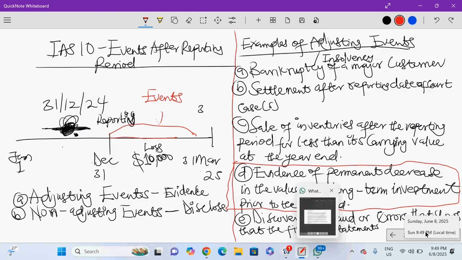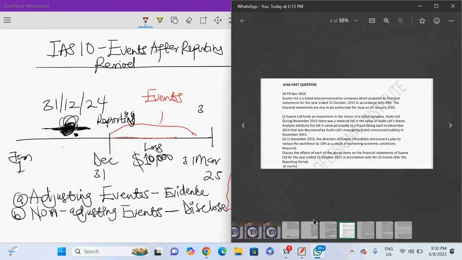So with this, we cannot treat it as an adjusting event. This statement would refer to a physical asset, and the example we have is Xiaomi Limited. Xiaomi holds an investment in shares of a listed company, Asafo Limited.